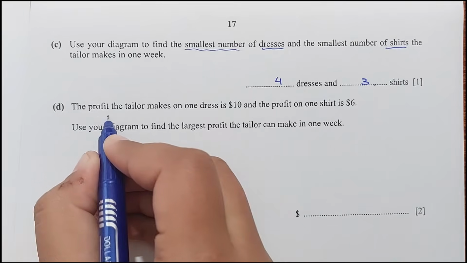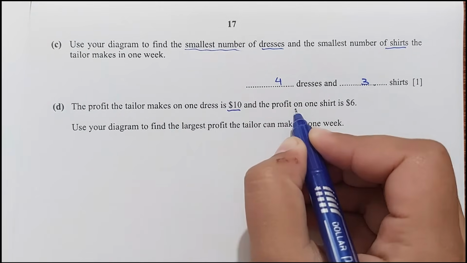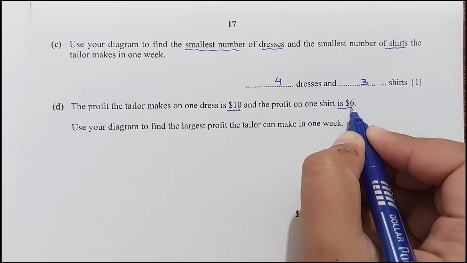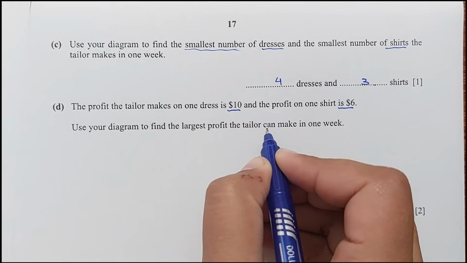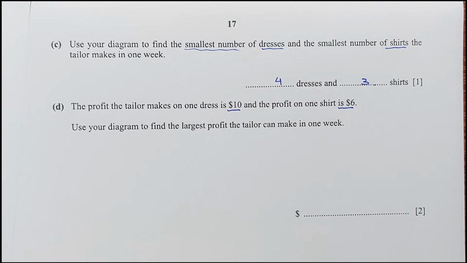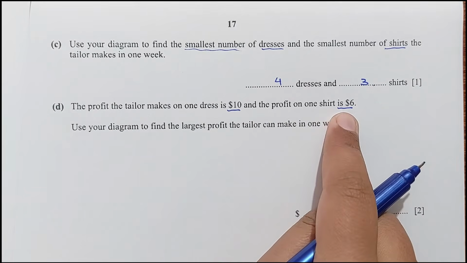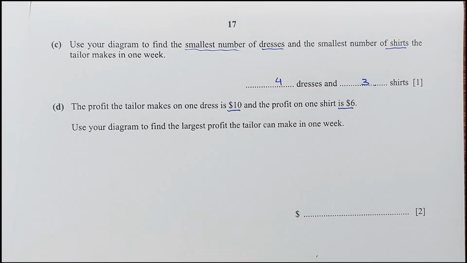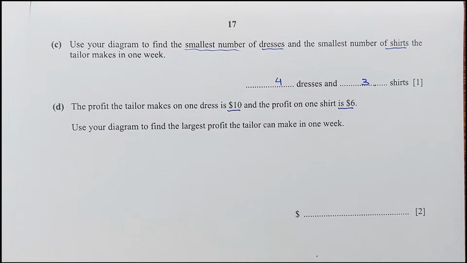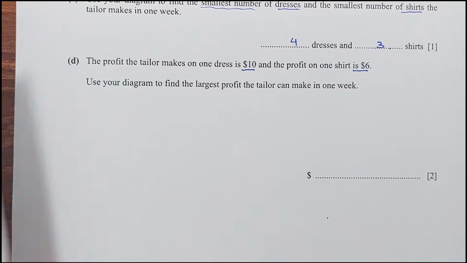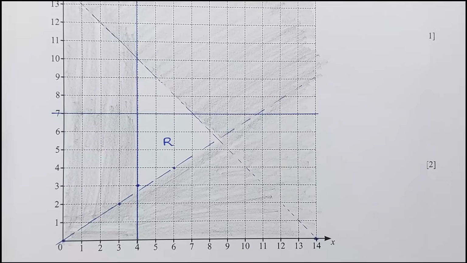Now for part D, the profit the tailor makes on one dress is $10, and the profit on one shirt is $6. Use your diagram to find the largest profit the tailor can make in 1 week. We have to find the largest point in the region.